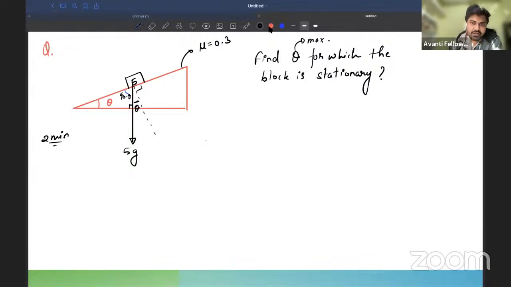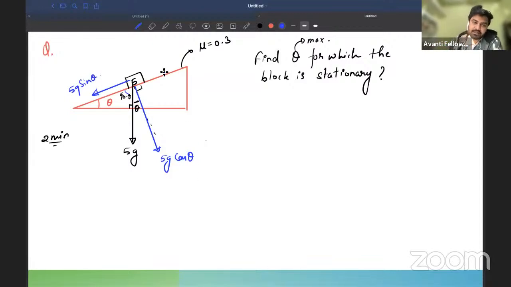If this is theta, then if I make the components, this will be 5g cos theta and this will be 5g sin theta, right?